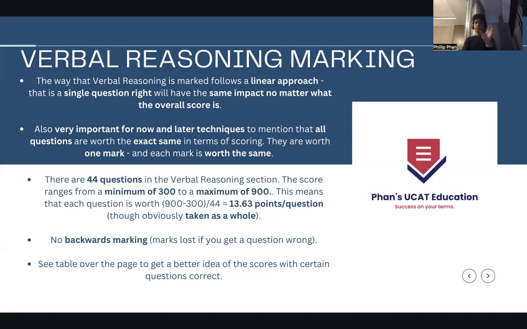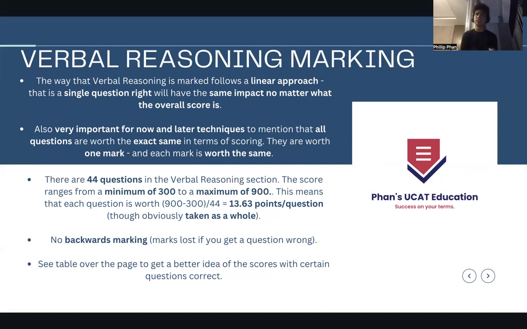Now let's talk about the scoring overall. The marks get turned into scores. There are 44 questions in the verbal reasoning section, as we discussed, and scores range from a minimum of 300 to 900. In fact, that's the range for the main 4 sections: verbal reasoning, decision-making, quantitative reasoning, and abstract reasoning. Each question is therefore worth 13.63 points.